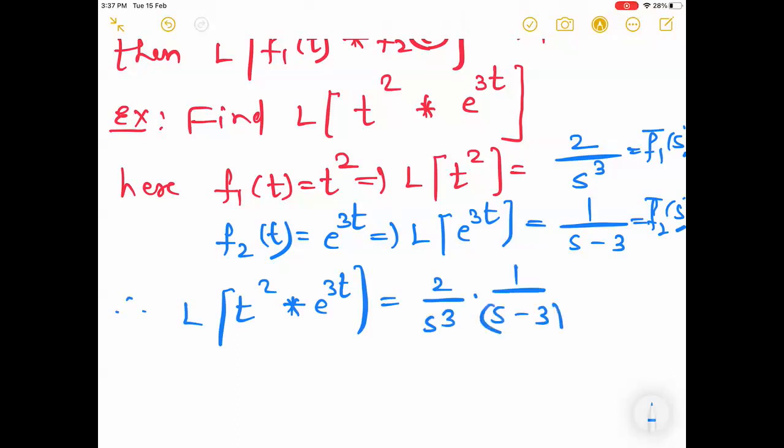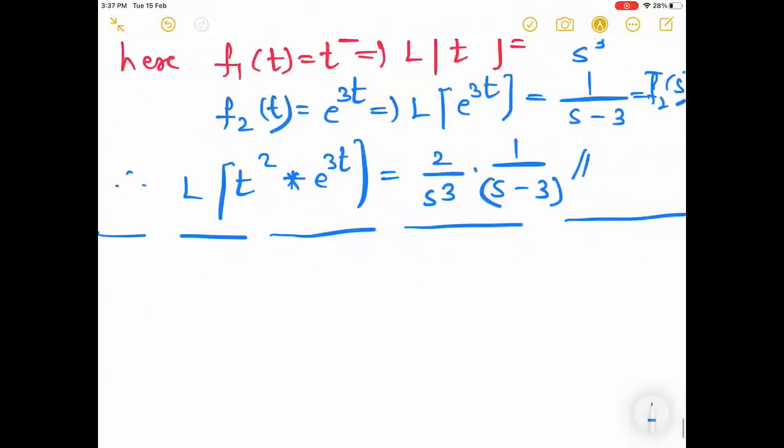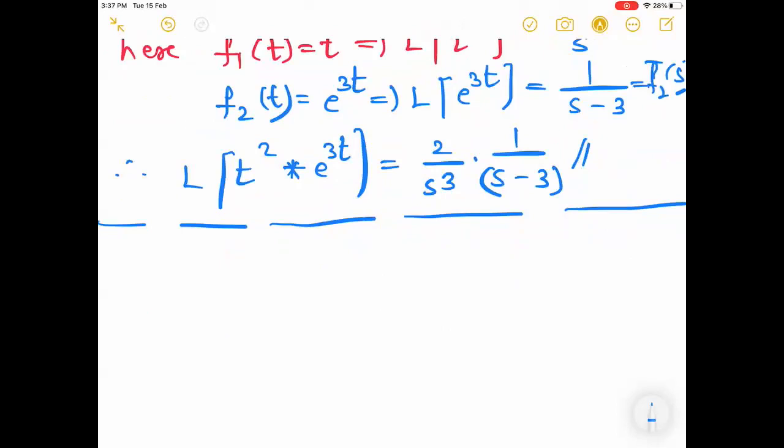That's it. That will be the calculation in the s domain. Of course, we will be doing all these simplifications in differential equations. So this is how the properties can be used while solving Laplace transform problems.